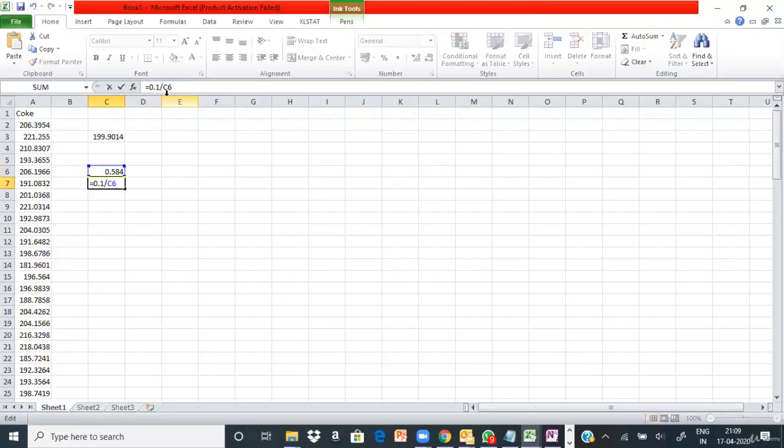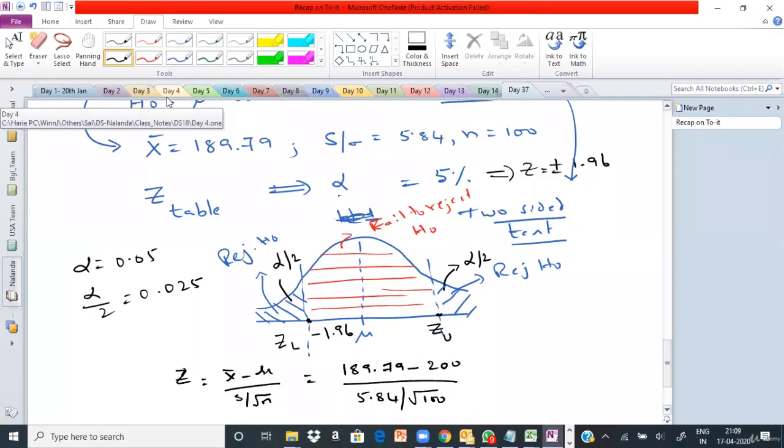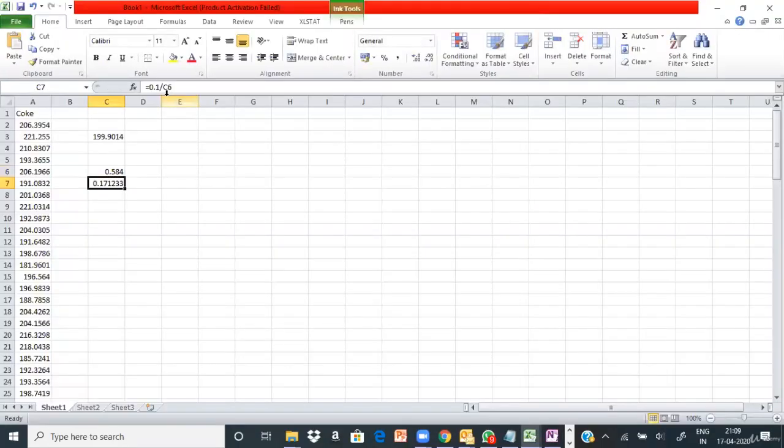And 189.79 minus 200, how much? 10.25. So the value will be 10.25 divided by this one.